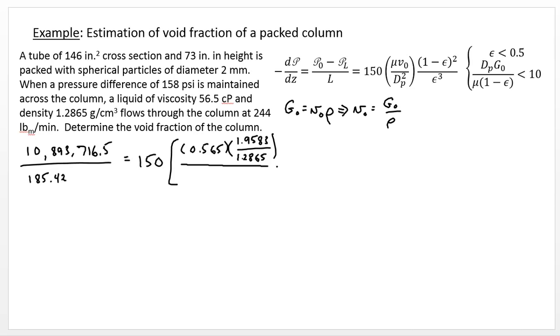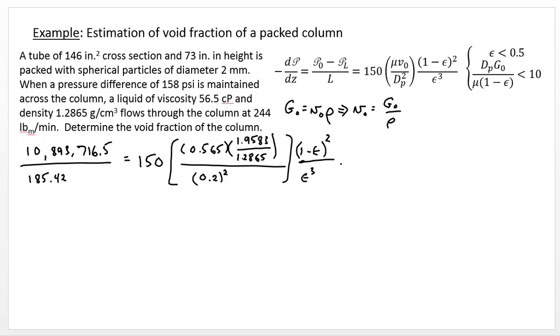Then we divide by the particle diameter squared. It's 0.2 squared. And then this is multiplied by 1 minus epsilon squared over epsilon cubed.